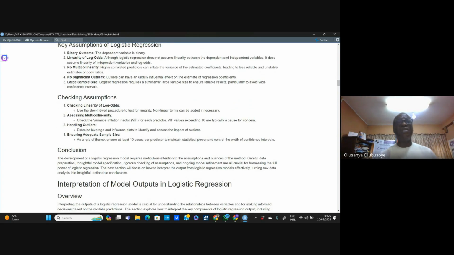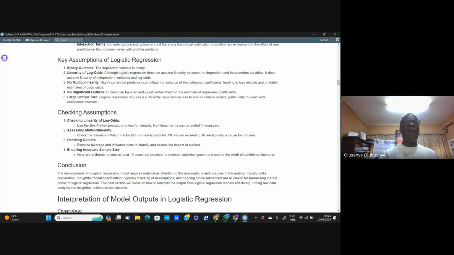How do we check for these assumptions? For number one, binary outcome, you need to shine your eyes. There is no formula for checking that. Just use your eyes and your intelligence, use your brain, and don't borrow somebody else's brain to check if it is a binary outcome or not. For checking linearity, you can use the Box-Tidwell procedure; you can do your research on that.